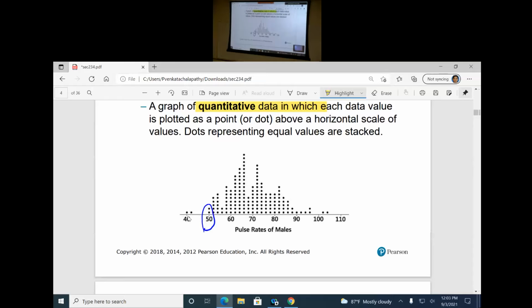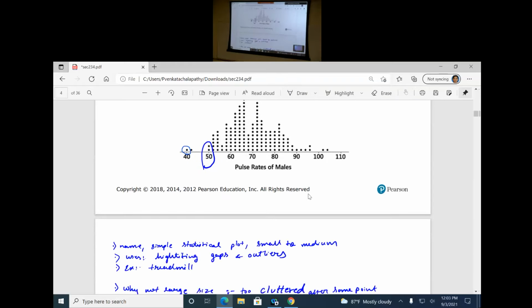For example, if we are doing a dot plot for students who scored the grades of 40, 50, 60, 70, if we assume that this is like a grade, now how many students got 40 grade? It is only one. Okay, it is only one. How many got 50? It is 1, 2. And this is how we count the frequency numbers. Got it? So this is your dot plot.